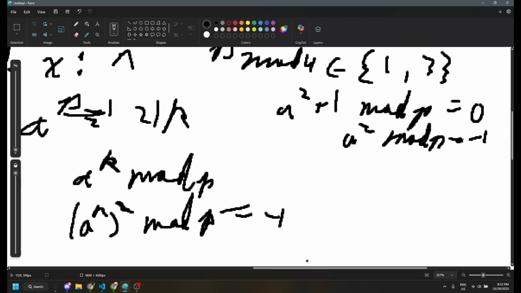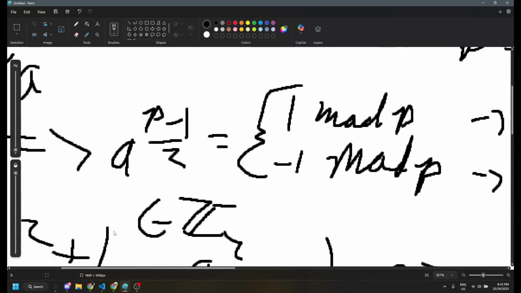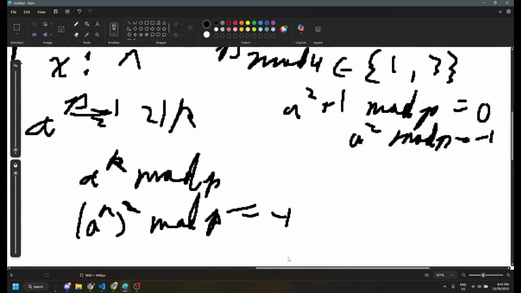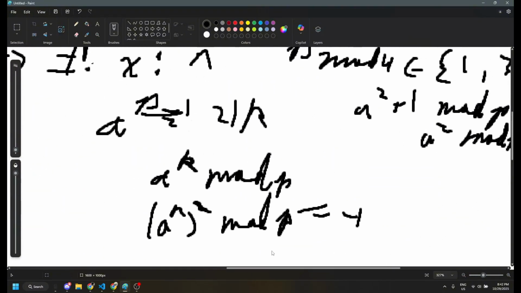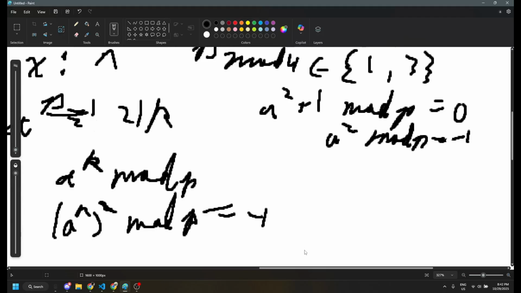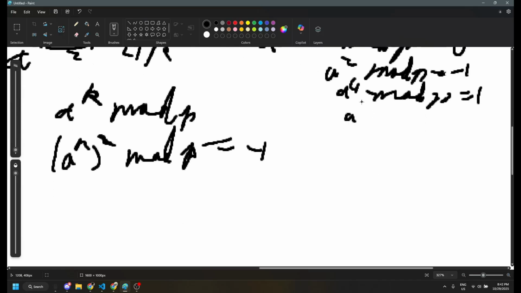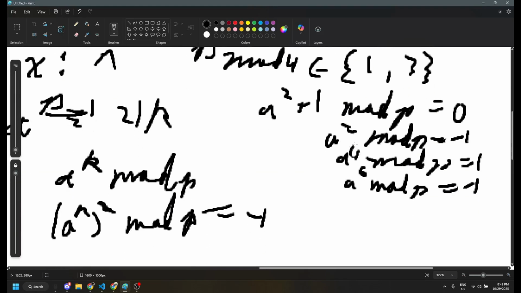So if a squared is equal to -1, we can say that a to the 4 mod p is equal to 1. We can say that a to the 6 mod p is equal to -1. Okay, that's something.